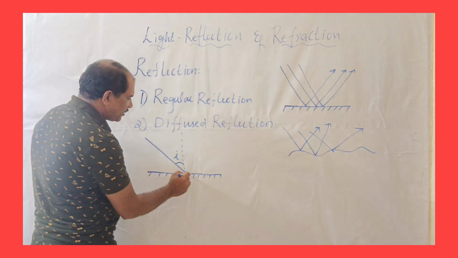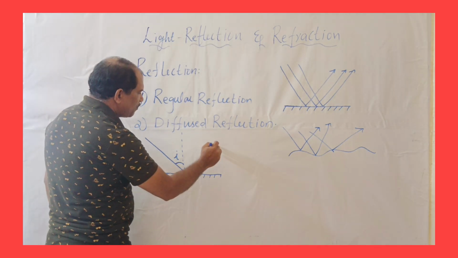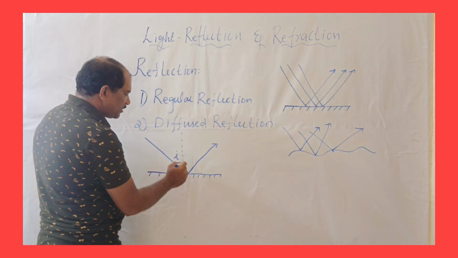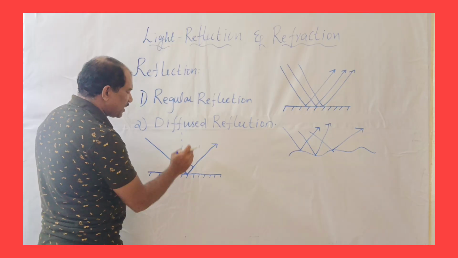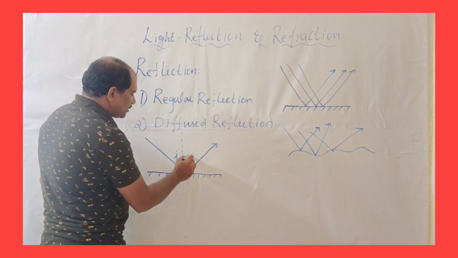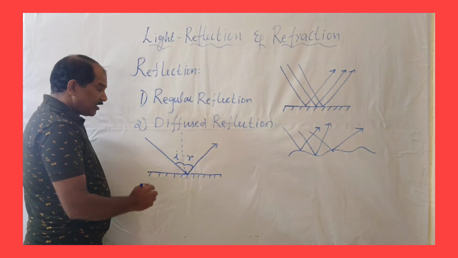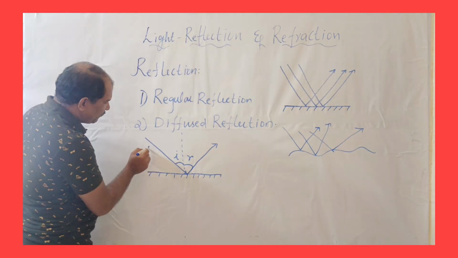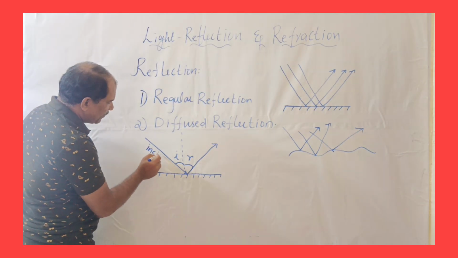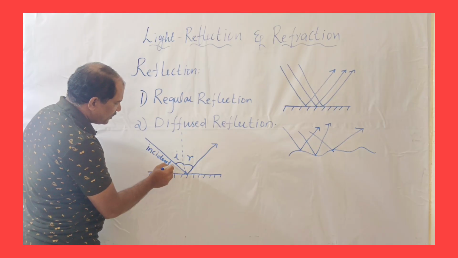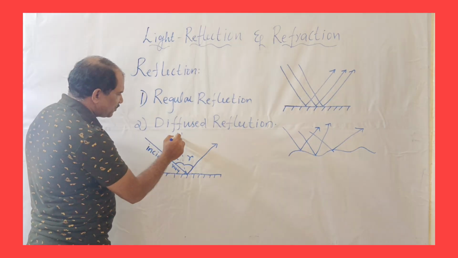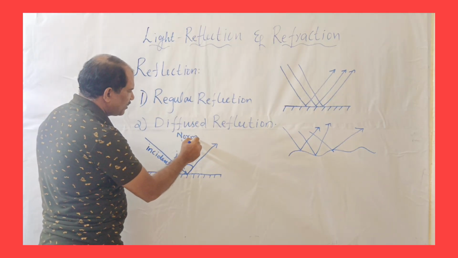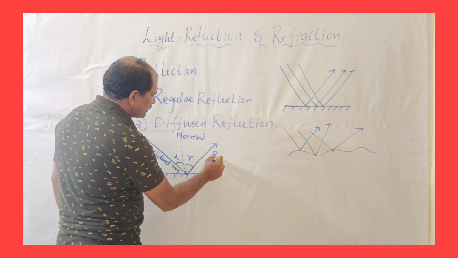After falling here, the light bounces back and makes an angle, angle R, the angle of reflection. This is the incident ray, this is the normal, and this is the reflected ray.